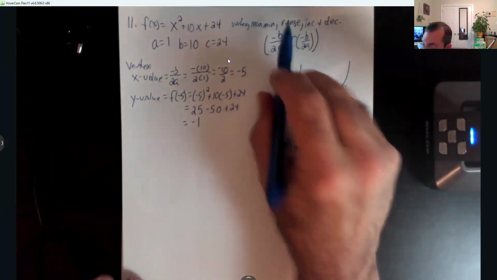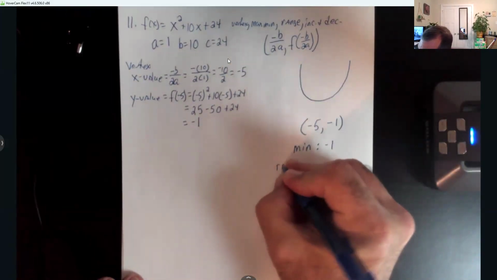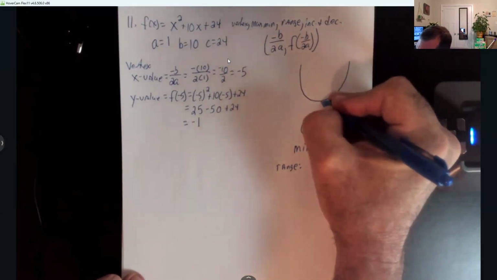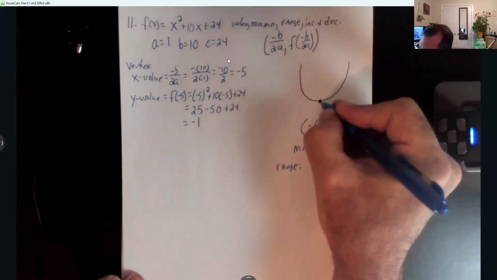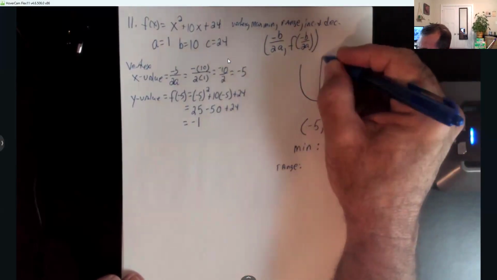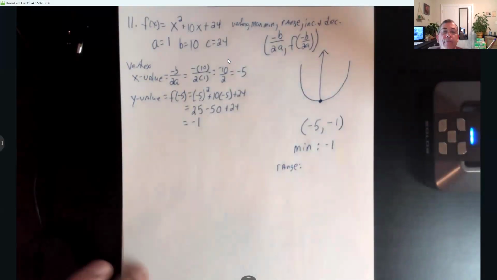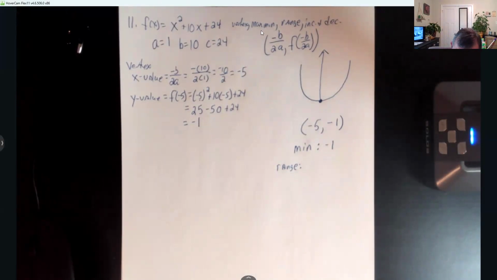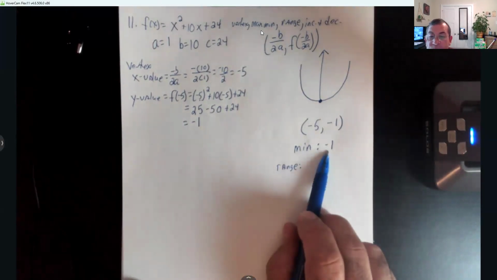Then it wants my range. So remember, the range goes from this minimum y value, and the range goes upwards. Now, we know the minimum y value was negative 1.